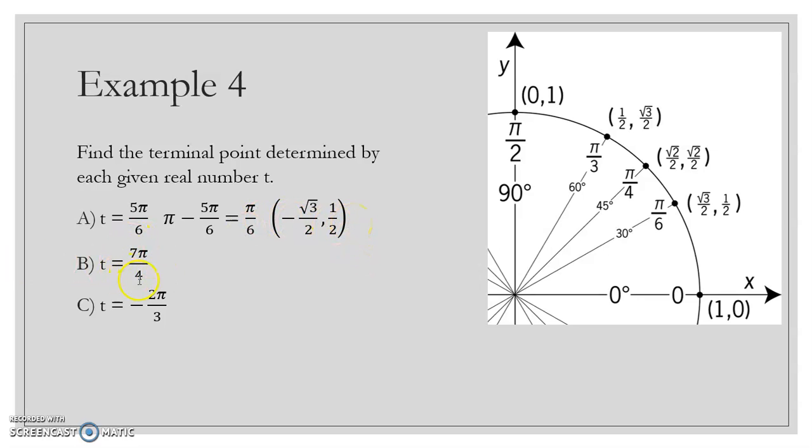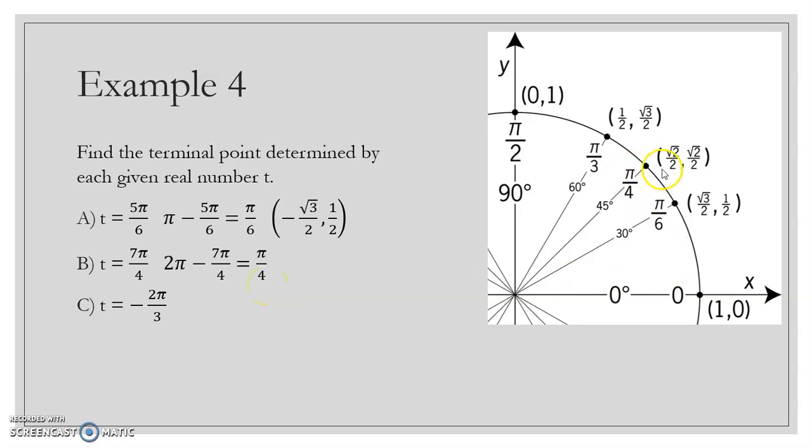So we're going to do the same thing with 7 pi over 4. 7 pi over 4 is down here in fourth quadrant. So the distance here is going to be 2 pi minus 7 pi over 4. Okay, so we get common denominators to get 8 pi over 4 minus 7 pi over 4, which is pi over 4.